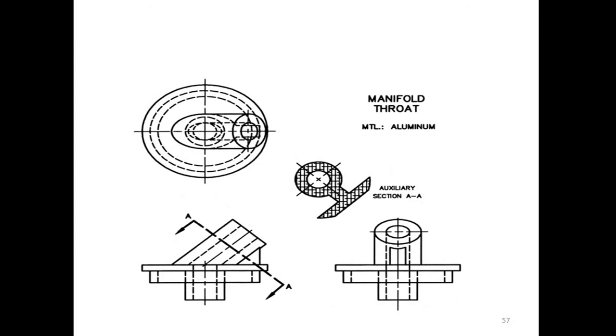One inside hole is there, the outside diameter is there, and some geometry as shown in the figure. So for understanding this internal geometry, this auxiliary view is taken.